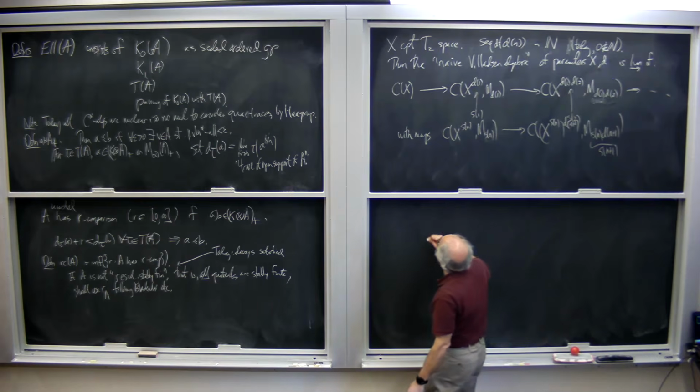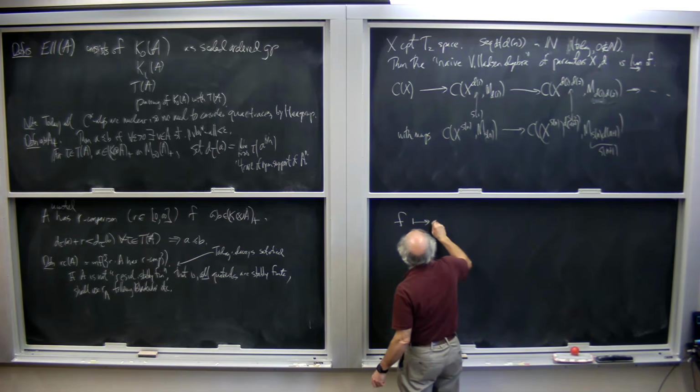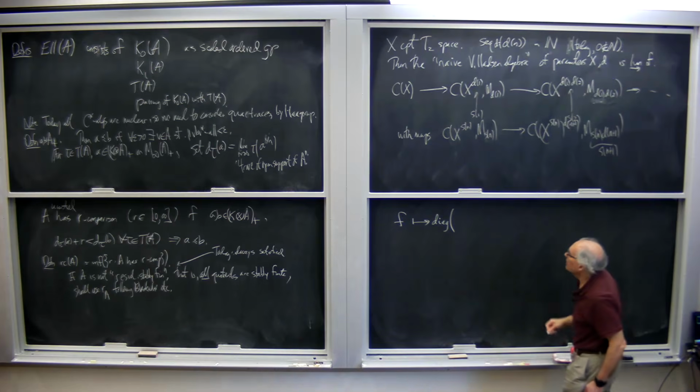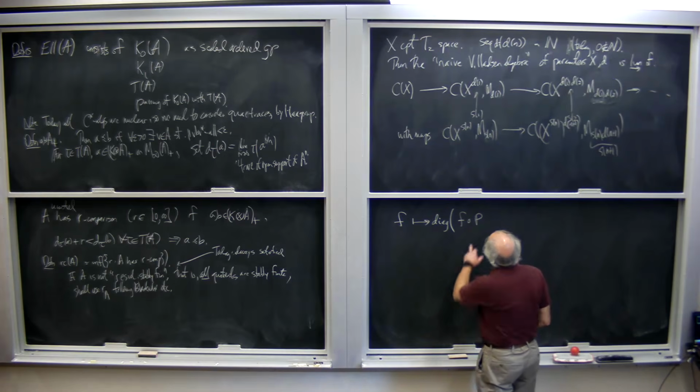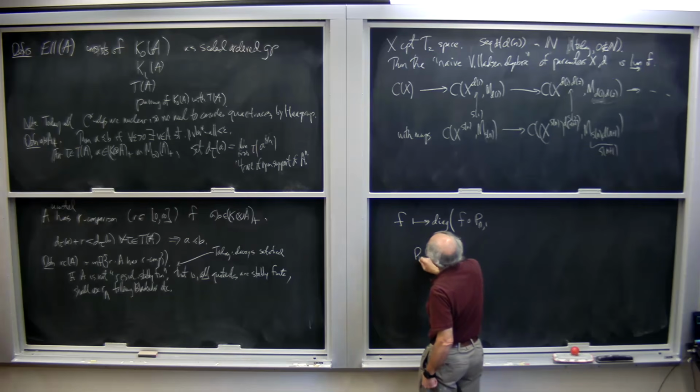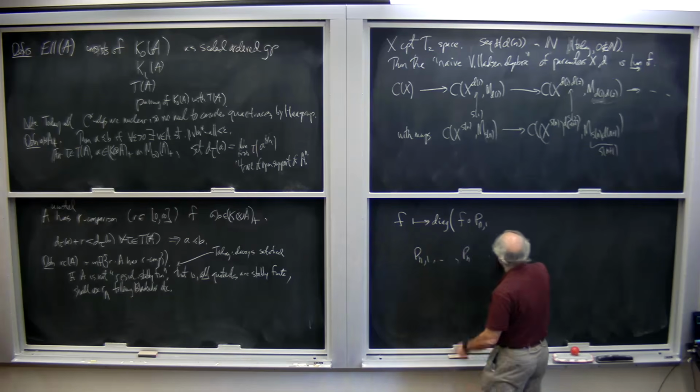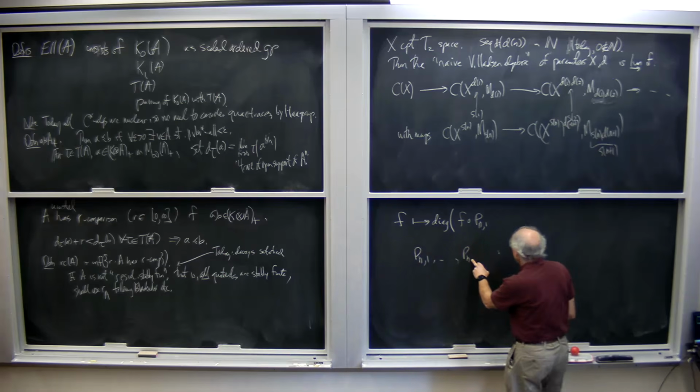I will simply take, so f maps to some diagonal matrix. And what is it? It's f composed with P sub, I guess I should put n comma 1 here. So P n 1, P n, and there are, so what are they? I'll put the index in a moment when you can see what I want to put there.